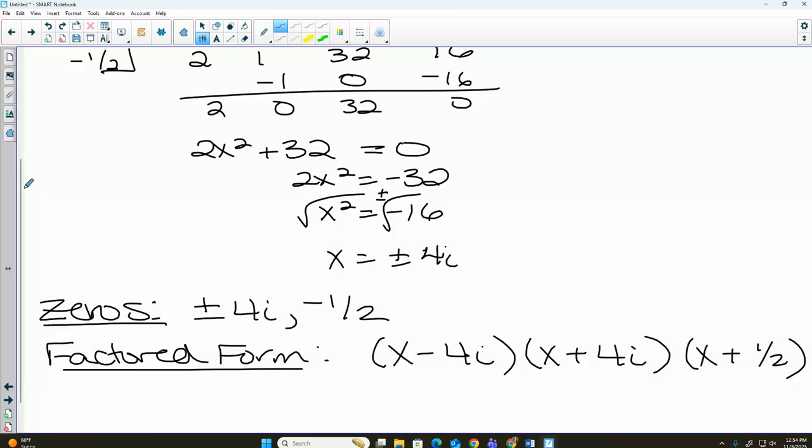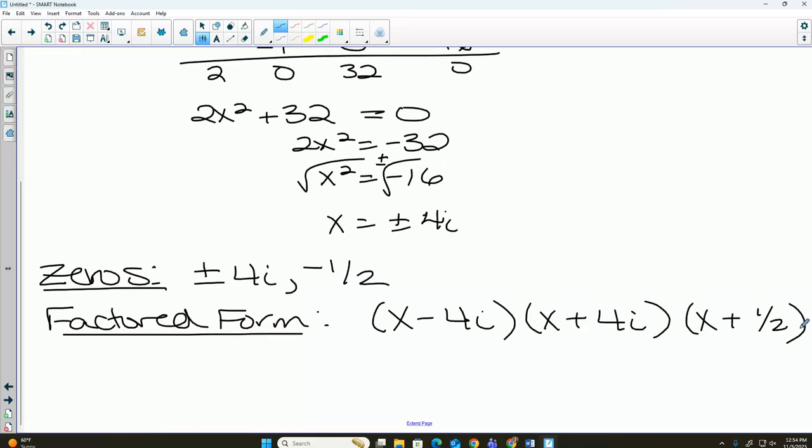In the factored form, it's kind of like undoing the slip and slide. Instead of x plus 1/2, what would you write? 2x plus 1. You just slide that 2 back in front of the x. So if you have a fraction, think of it as finishing a slip and slide problem, just slide that denominator back in front as your coefficient.